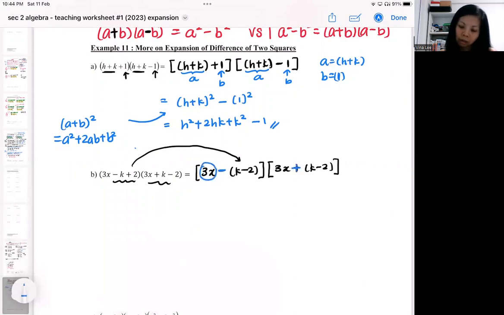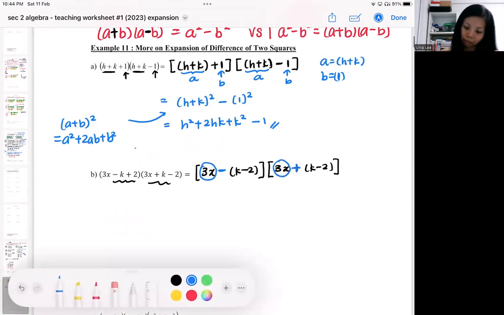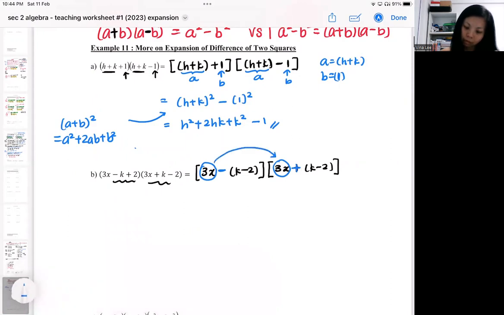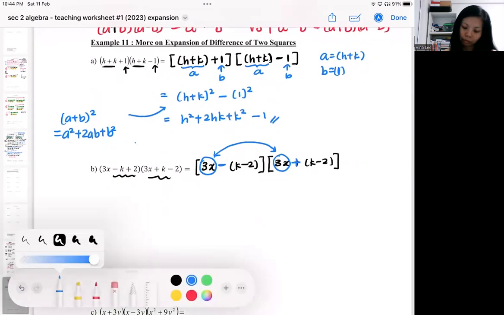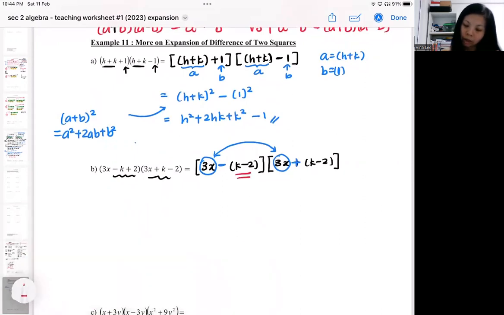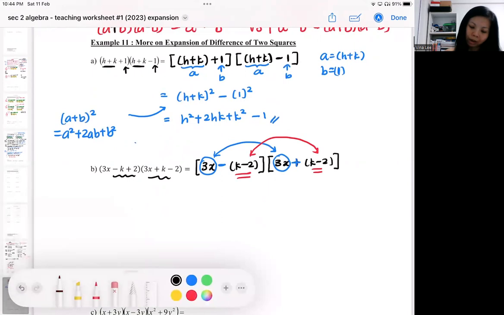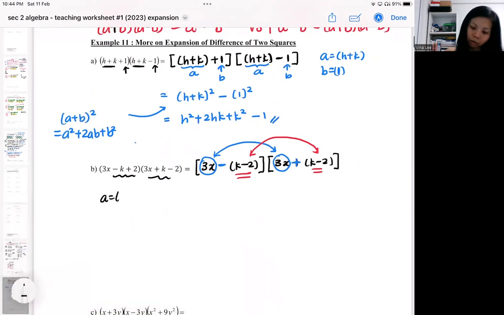My A is identical. Okay, look, my A is identical. My B is also identical. So I'm getting a K minus 2 as my B. So I'm going to apply my formula with the idea that A is equal to 3x, B is equal to K minus 2.